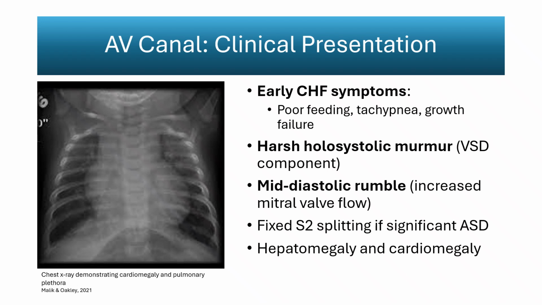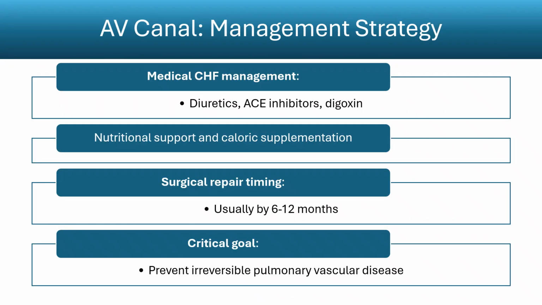If the atrial shunt is large, fixed splitting of the second heart sound may also be present. Physical examination frequently reveals hepatomegaly and a hyperdynamic precordium. Imaging typically shows cardiomegaly, driven by both chamber dilation and volume overload. These findings together establish the classic profile of AV canal presentation in early infancy.